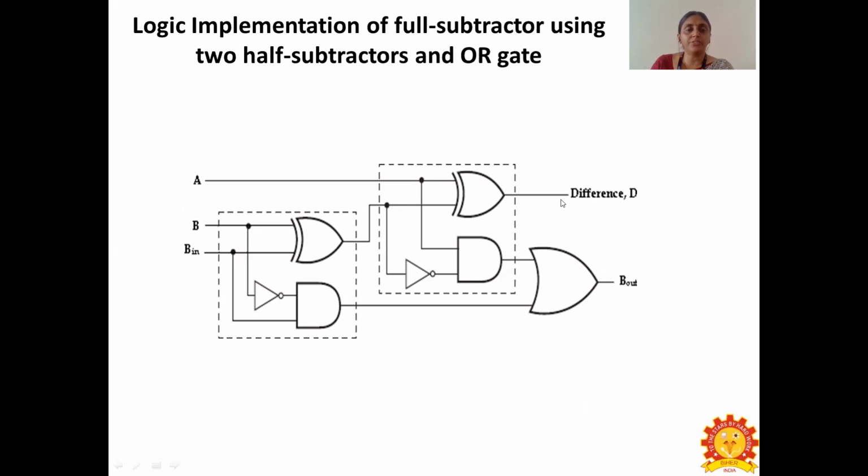To find the difference value, we involve 2 XOR gates. And for finding the borrow output value, we involve the inverter gate, AND gate and OR gate. This full subtractor involves 3 input values: A, the minuend, B, the subtrahend, and B in, which is borrow. The difference is the XOR result D, and the OR gate result is the borrow output value.